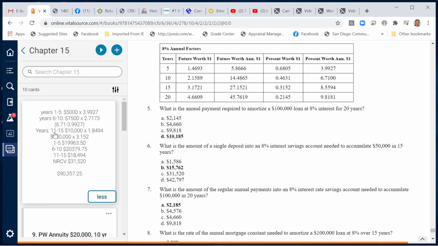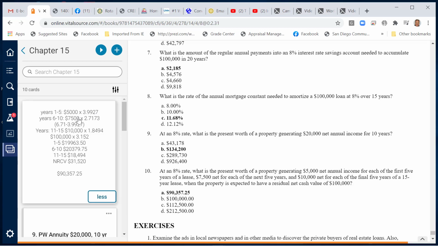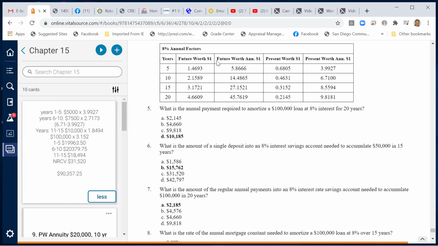And likewise, we do the same thing for years 11 through 15, multiplying by 1.8494, which is the difference between 6.71 and the 8.5594. And then for the net residual cash value, we'll go back up here for 15 years and use this factor, 3.1721.